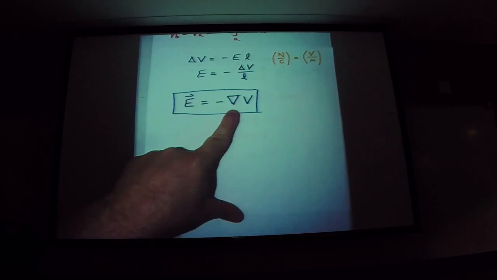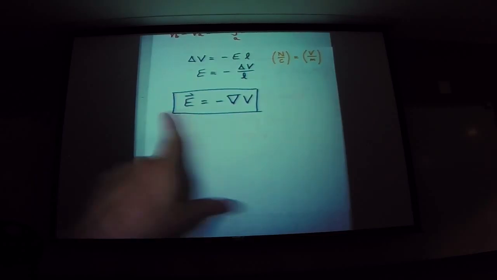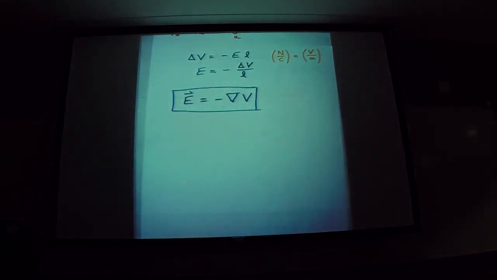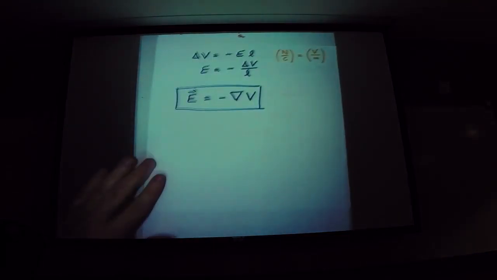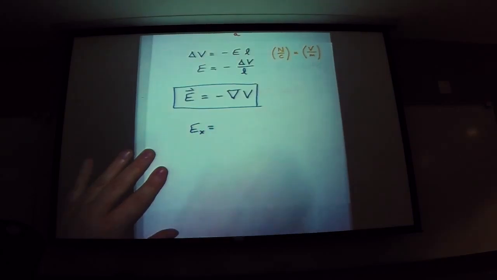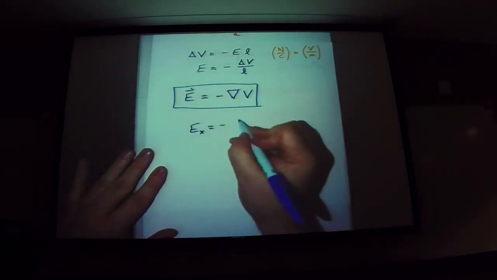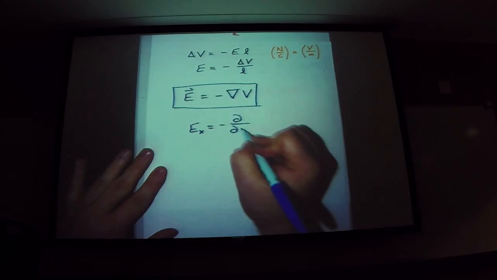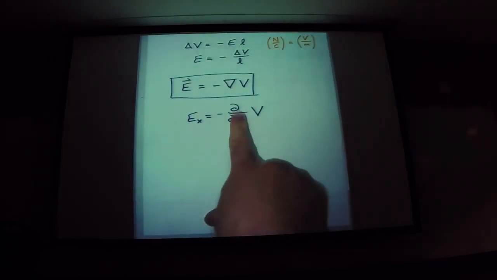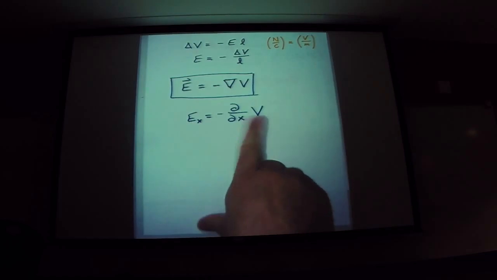Okay, a couple. It's the gradient. Electric field is the gradient of the electric potential. Those of you who don't recognize it, I'm just going to give it to you in one dimension. The x component of the electric field is equal to minus the partial derivative with respect to x of whatever the voltage is.